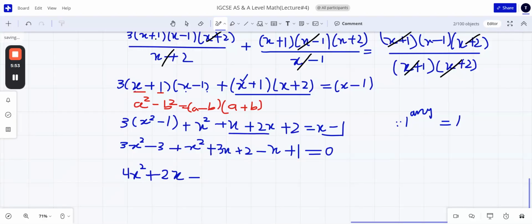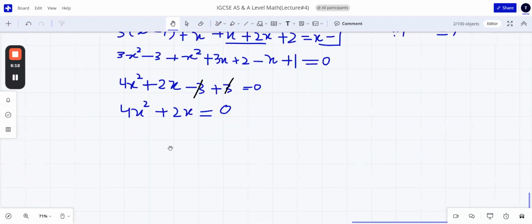Then minus 3 and 2 plus 1 becomes 3 equals to 0. So minus plus makes minus, and 3 minus 3 would be 0. We have here 4x squared plus 2x equal to 0.